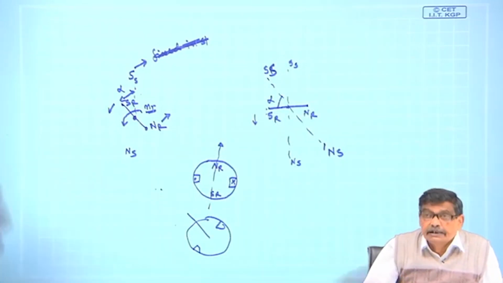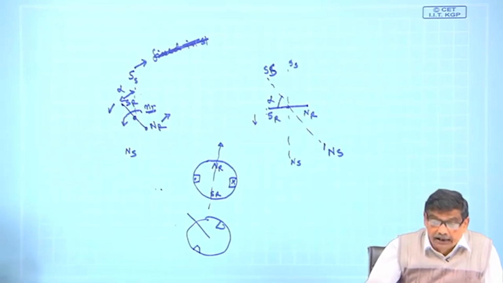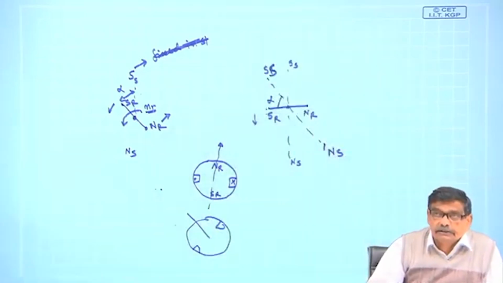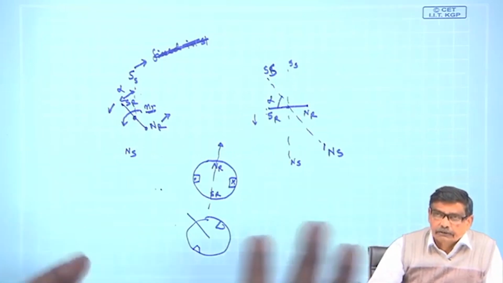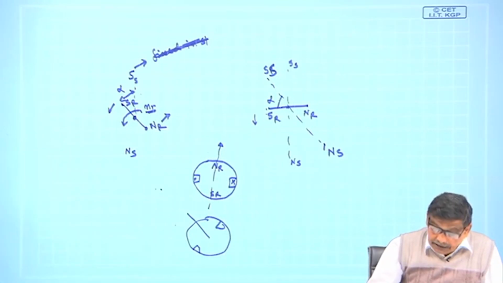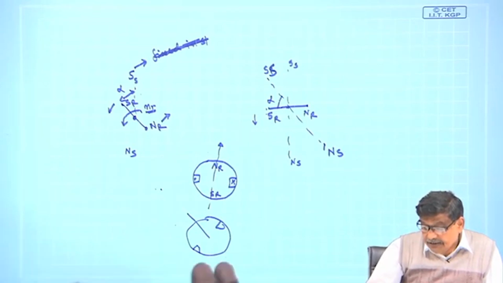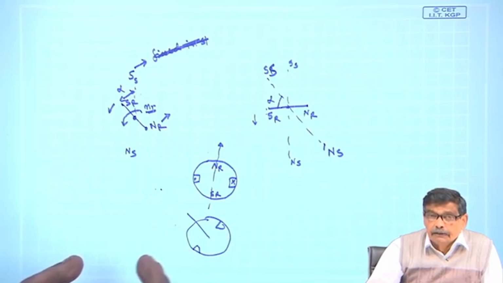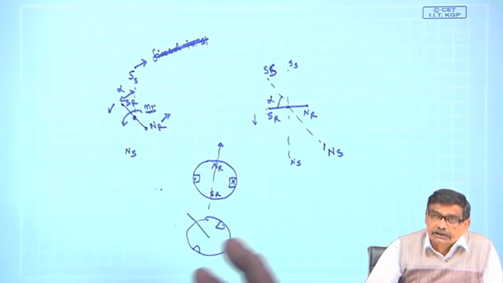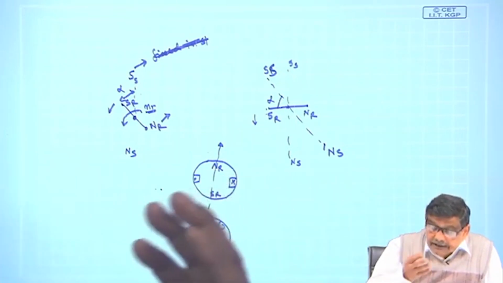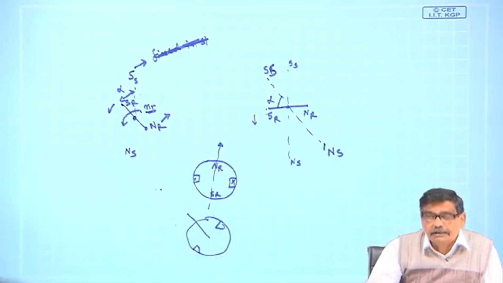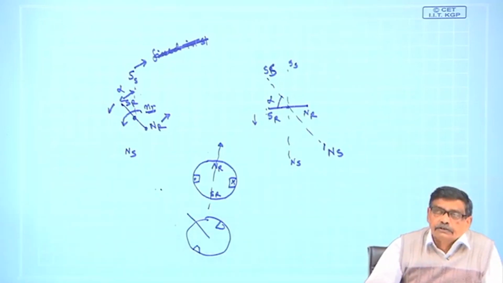Then only is sustained electromagnetic torque produced. I really at this stage do not know how to achieve this. How to achieve this is a big question, no doubt. But what I am telling from physical consideration is that in any machine, be it a DC machine, synchronous machine, or induction machine, this thing must be happening. How it is happening, we will see after a few lectures or so.